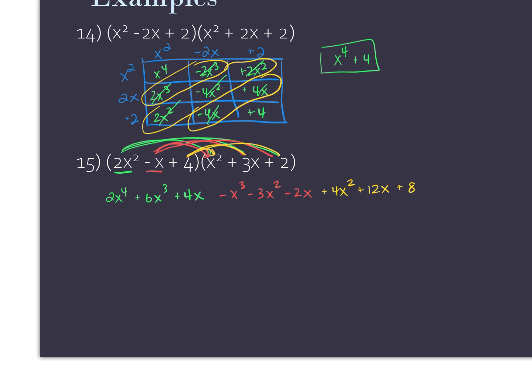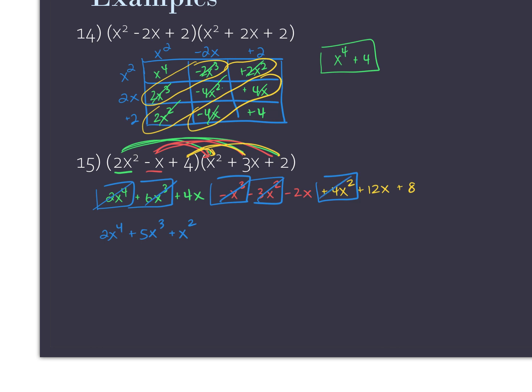So you start with your highest exponent, which is 2x to the fourth. There's no other x to the fourth, so there's nothing to combine it with, so you're done. Then you go to your 6x cubed, and you have minus x cubed and no other x cubed terms, so 6 minus 1 is plus 5x cubed, so these are out. Then you go to your squareds. You've got minus 3x squared and a plus 4x squared, so that's a plus 1x squared, so those are done.